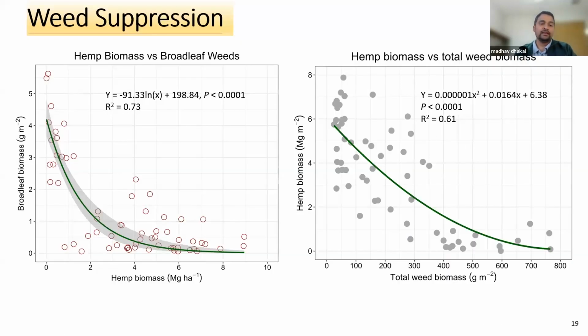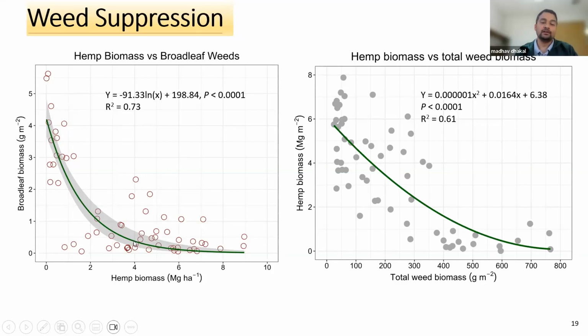When we look into the relationship between the broadleaf weed biomass and the hemp biomass, we can see a very significant relationship with a high R-squared value. We can see that an increase in hemp biomass exponentially decreased broadleaf weed biomass.